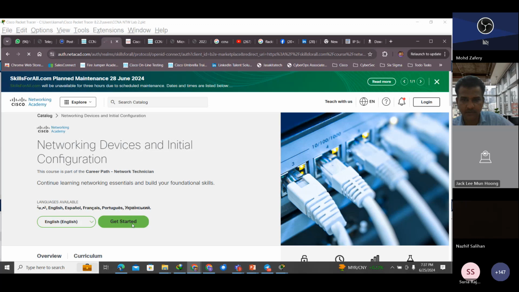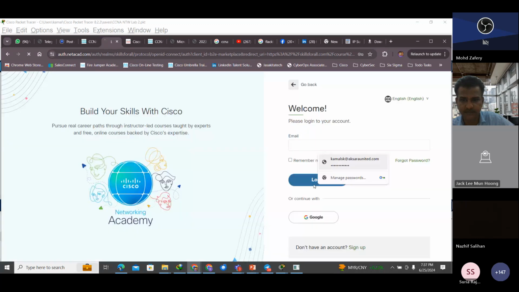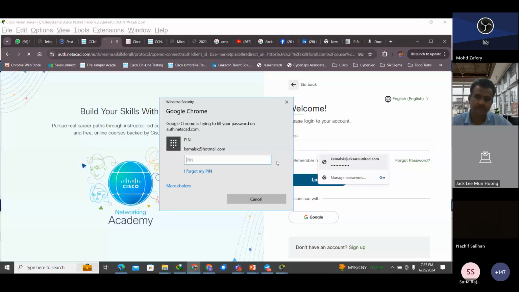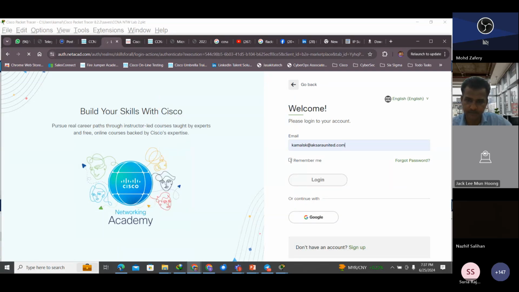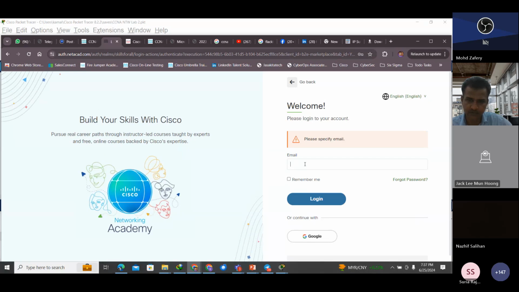Then log in with your ID. You can log in with a Google account also.